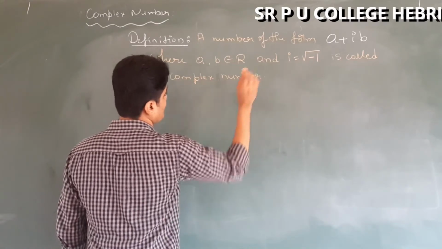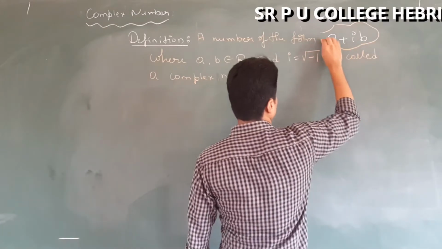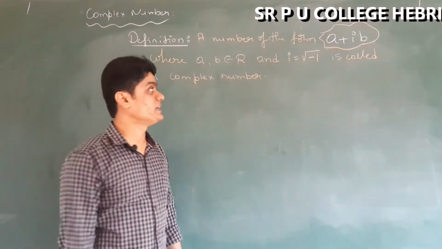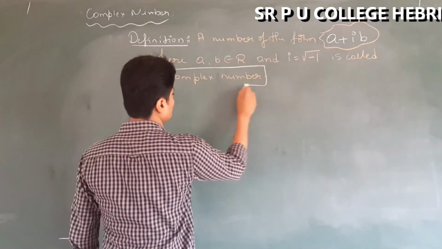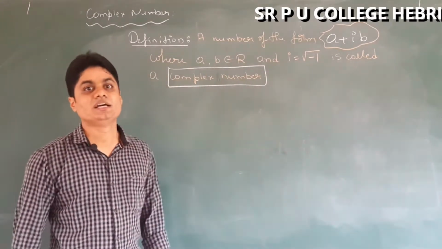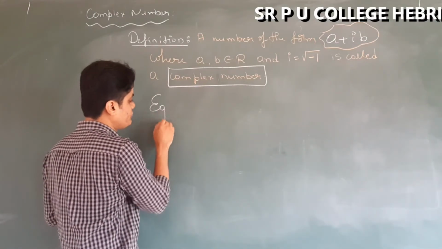A number of the form a plus ib, where a and b are real numbers and i is equal to root of minus 1, is known as a complex number. Okay, to understand this perfectly you must be able to give some examples.